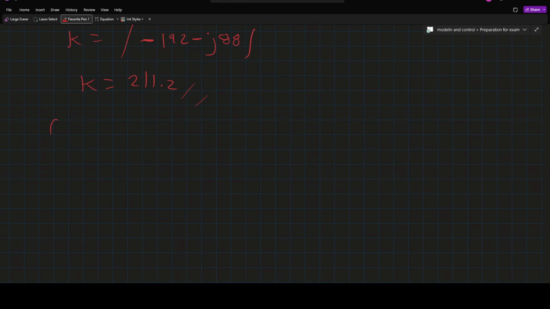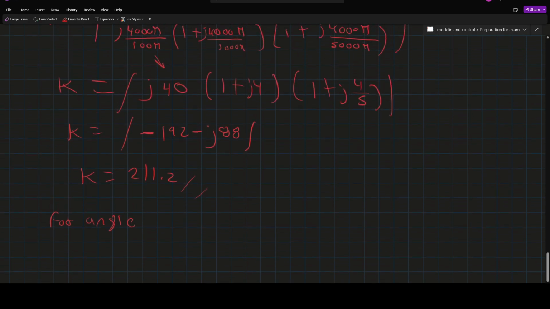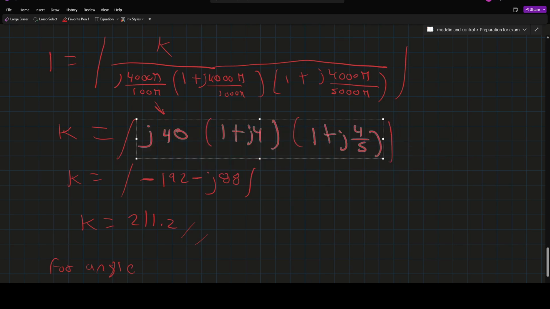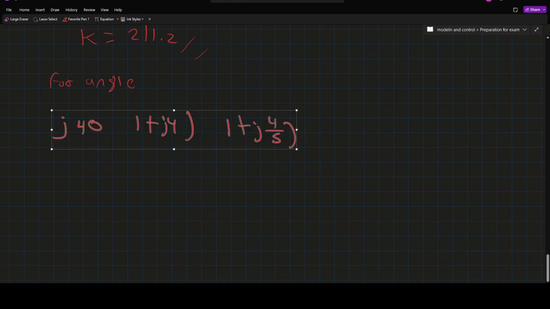And for the angle, we are going to need to take this part right here, because it's all of this but simplified, and we need to subtract each one of the angles.